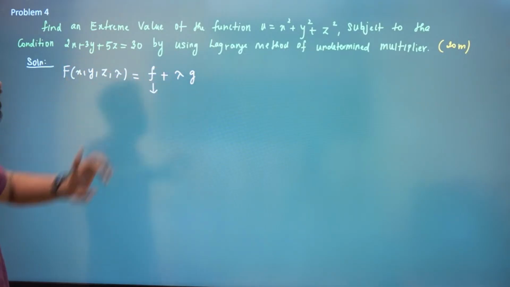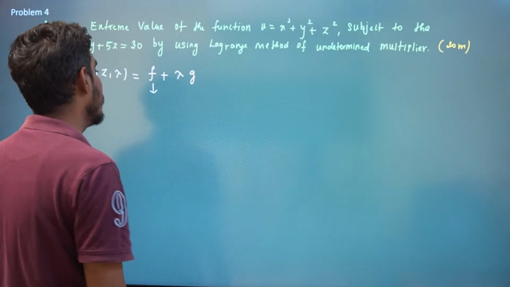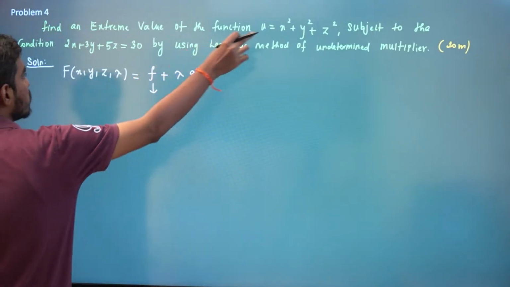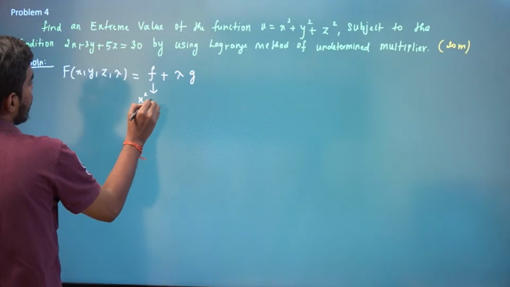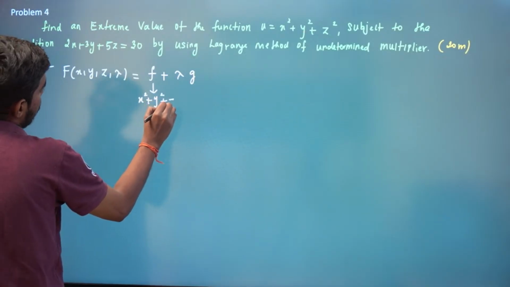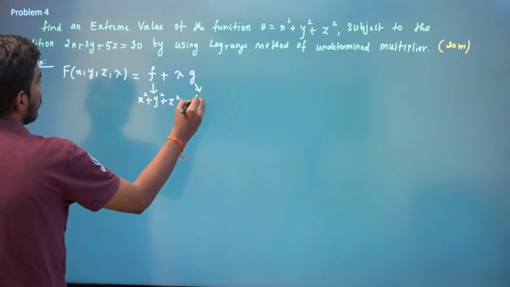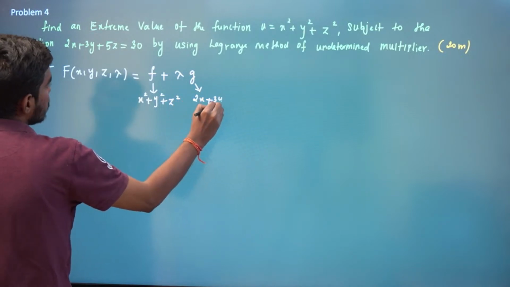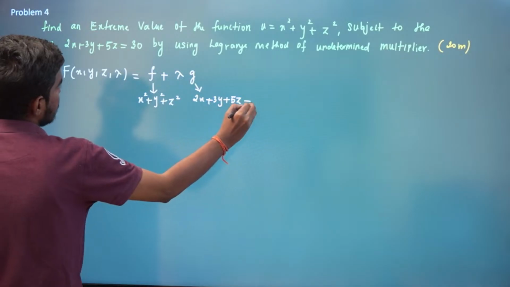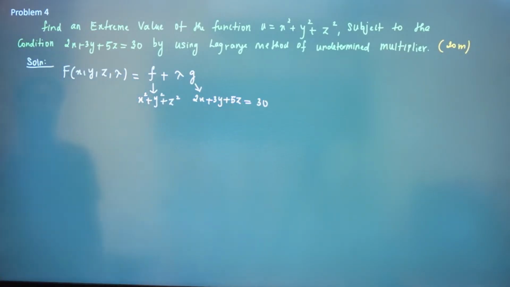This f is our objective function and g is our constraint function, right? So we need to maximize our f, which is x square plus y square plus z square, with respect to the function g. That function is given by 2x plus 3y plus 5z is equal to 30.